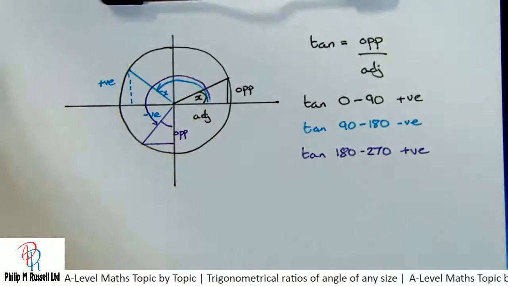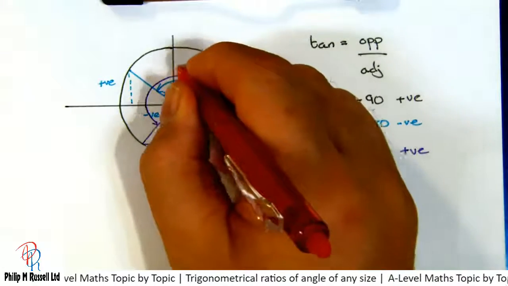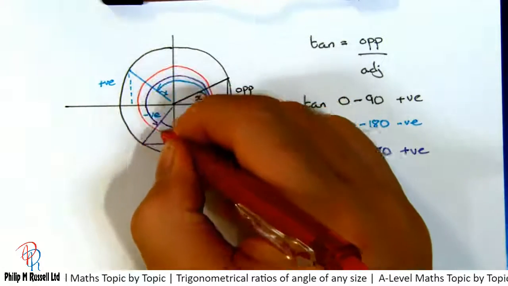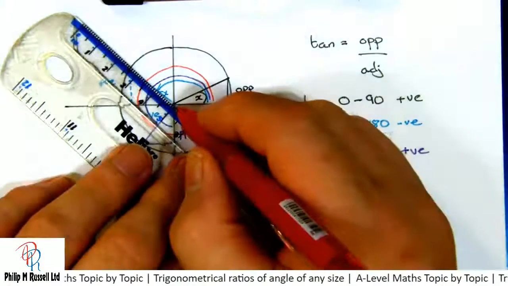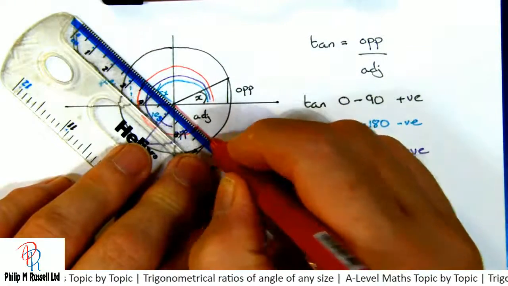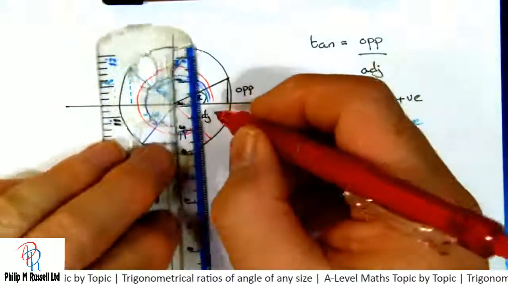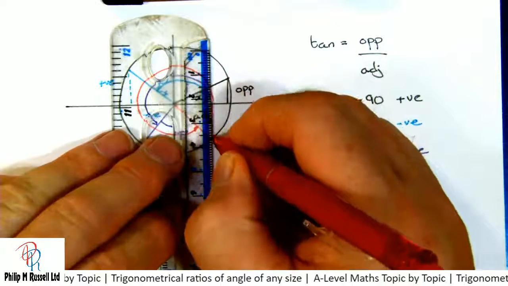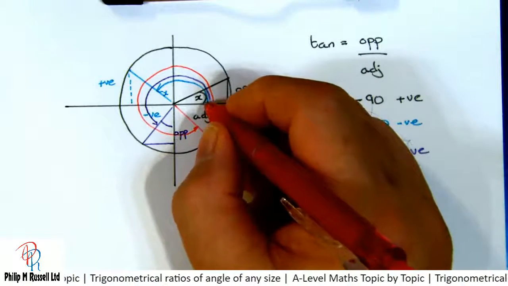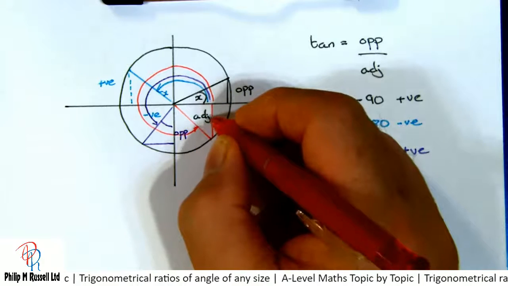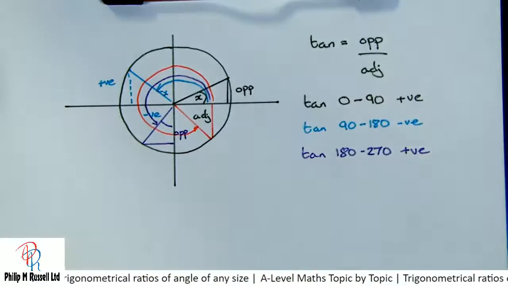And if we continue this circle right round to our fourth quadrant, then we've got one of our triangle numbers. Our adjacent is now going to be positive, but our opposite is going to be negative.